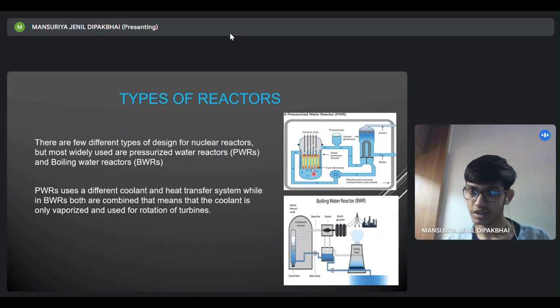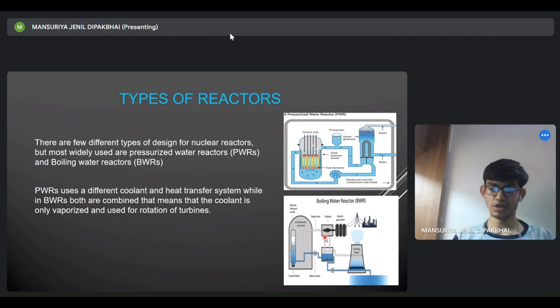Here, the coolant will get heated up, then it will get pressurized and flow through another container, which will form steam from water, and this steam will be used to run the turbine. But in a boiling water reactor, the coolant will itself get steamed and then be used to run the turbine. So only one coolant and only one water source is used.